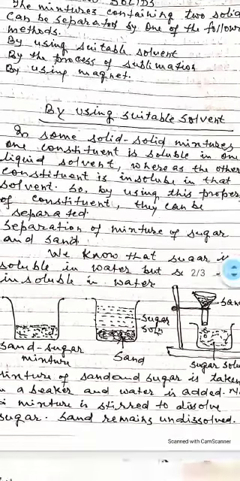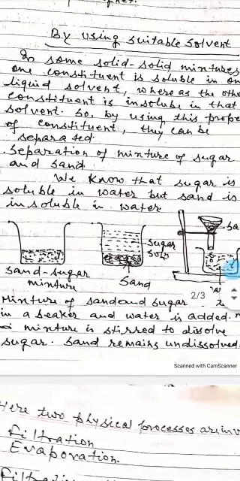Now we take mixture in a beaker and add some water in the beaker and stir the mixture to dissolve sugar. After some time, sugar gets dissolved and sand remains in the mixture.